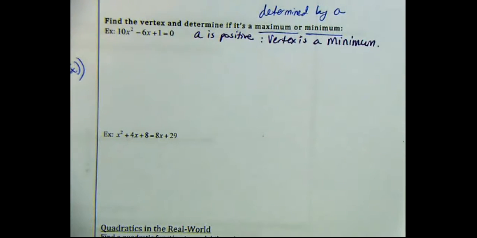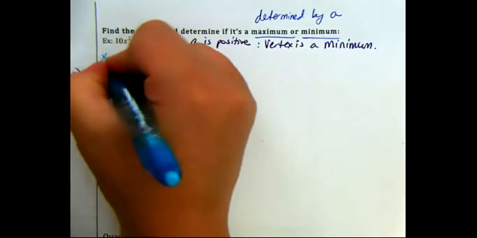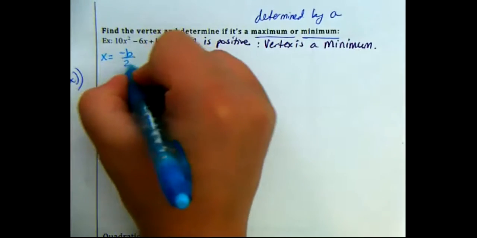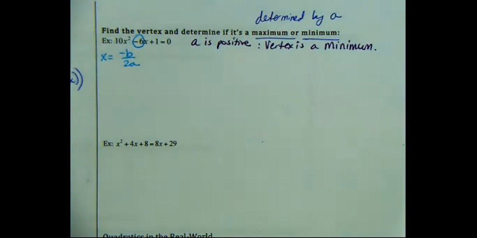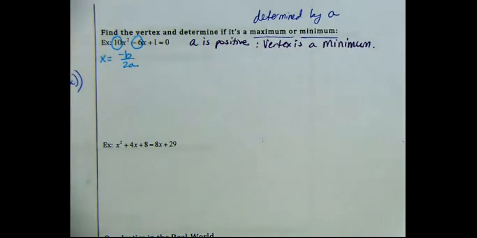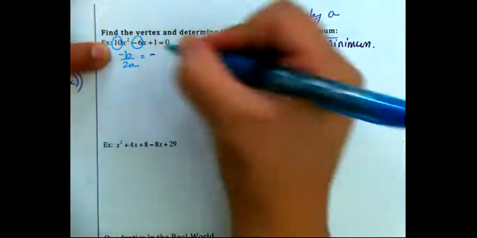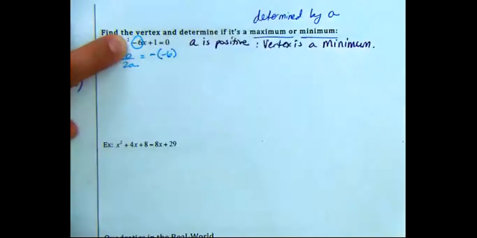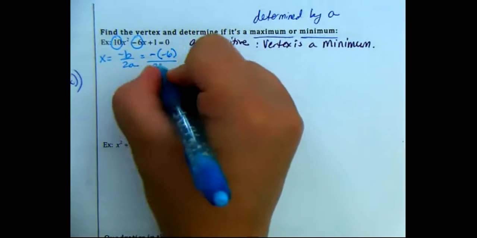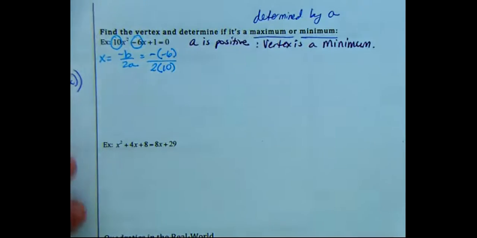Okay, so now we move on to finding our h and our k, or our x and our y, depending on how you want to look at it, for the vertex. To find our x, we're going to do x is equal to negative b over 2a. So once again, we need our b and our a. The negative is from the formula, and then my b is negative 6. So negative 6 divided by 2 times my a, which is 10.